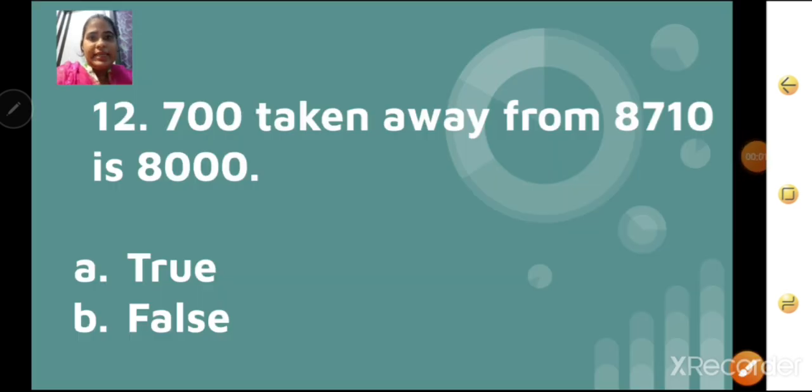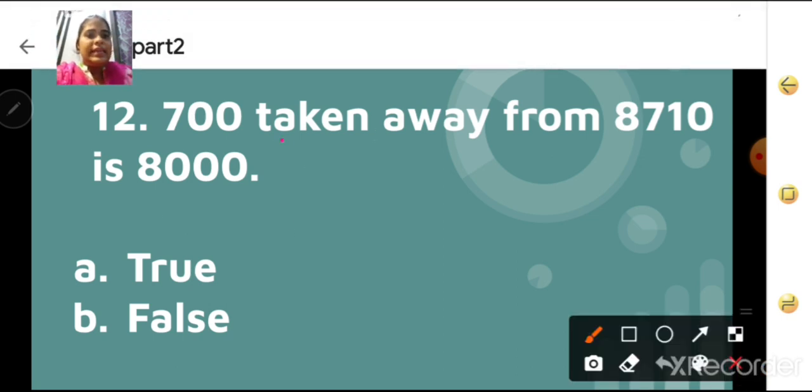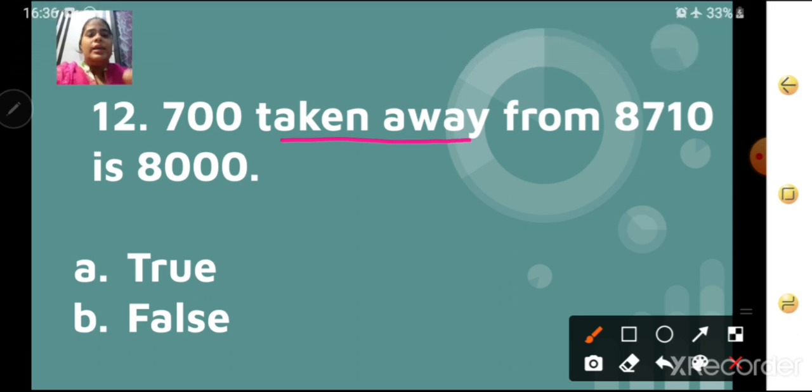The next one is 700 taken away from 8710 is 8000. Children, now here the key word is taken away. Taken away means we have to subtract, correct? So we have to find 8710 minus 700. If the answer is 8000, that means it is a true statement.